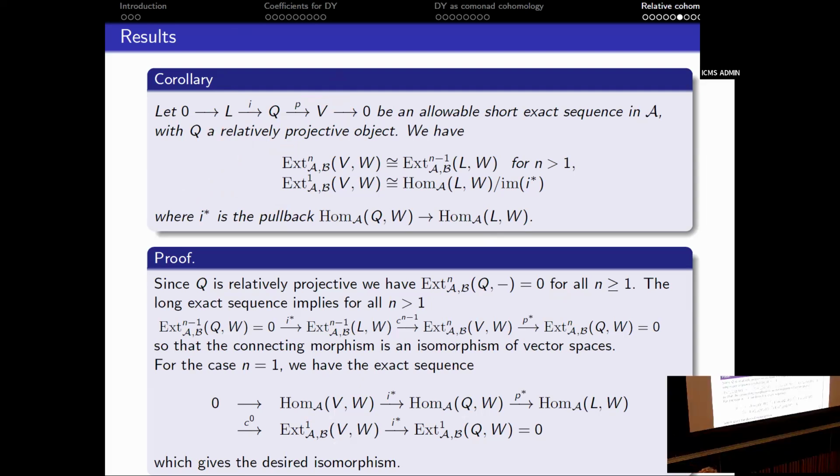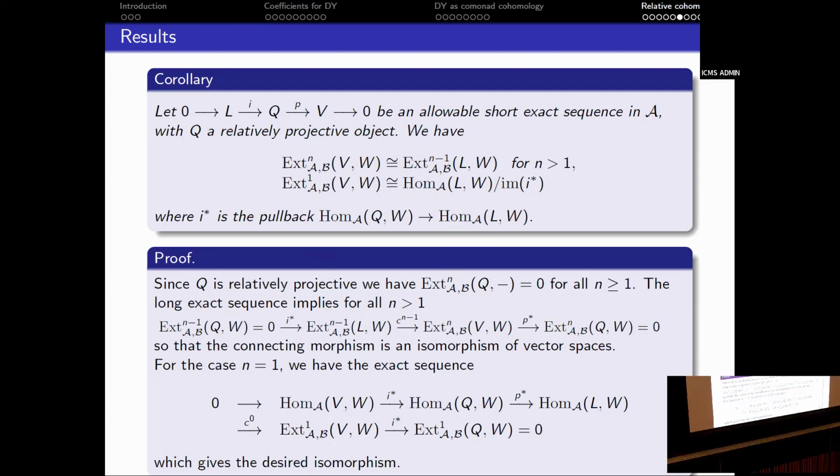Then we can lower the degree in the relative Ext by replacing the coefficient V by the coefficient L, and this is of course a long exact sequence argument. Since this here is relatively projective, it vanishes here. So the connecting morphism becomes an isomorphism, and we can gradually lower the homological degree, and we can even go down to 0, to something that is computable.